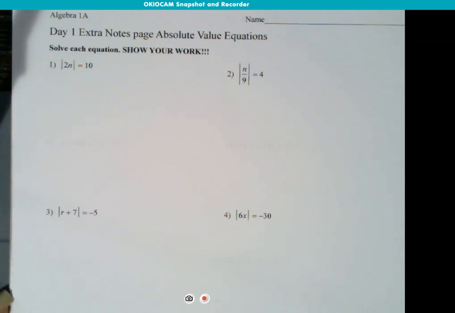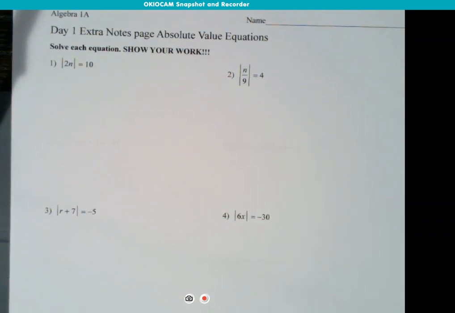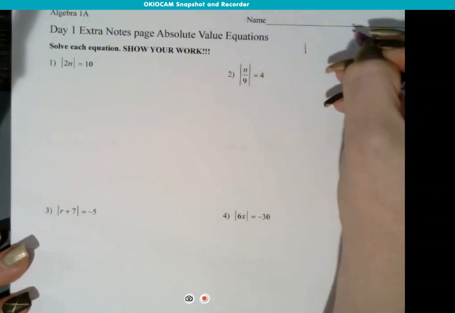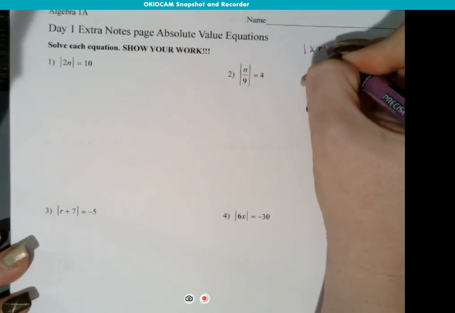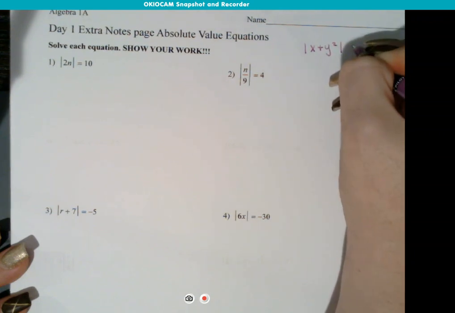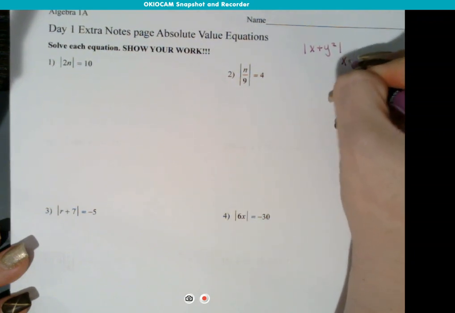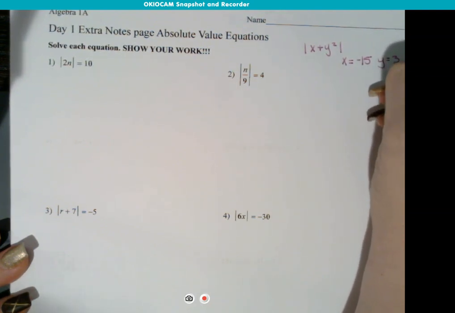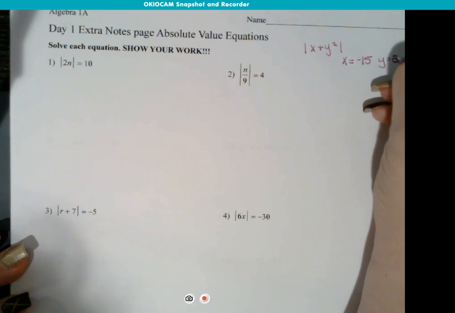All right, so we're going to start the second part of Module 2, which is talking about absolute value equations. There's a couple of things that I want to clarify real quick. Remember from the last unit, you had things like the absolute value of x plus y squared, where x might equal negative 15 and y was 2.